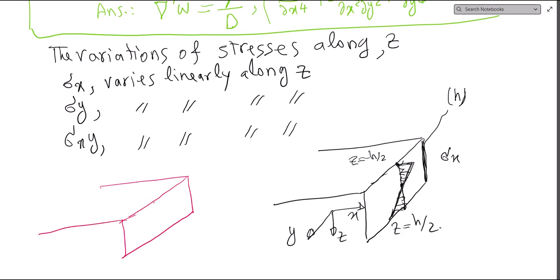So this will be in plane. The same coordinates, x and y and z. So this is in plane, this is normal to the plane. So this is sigma xy.